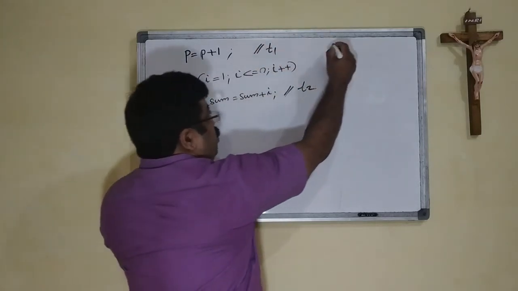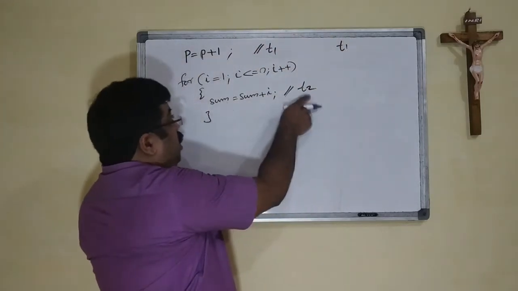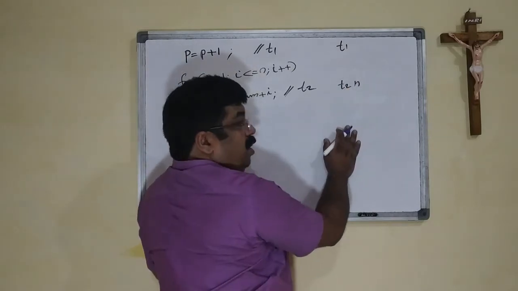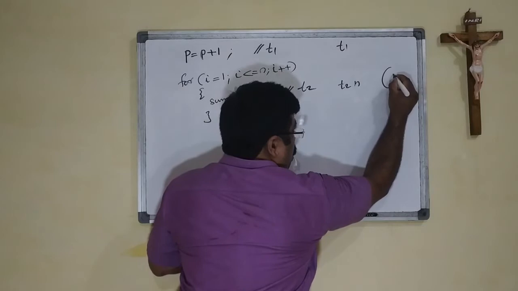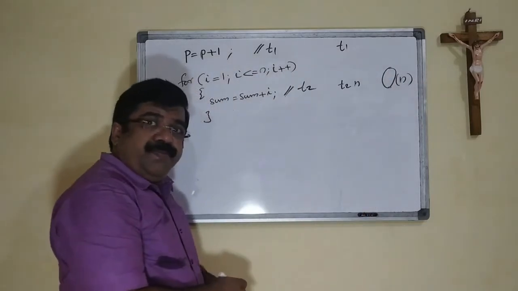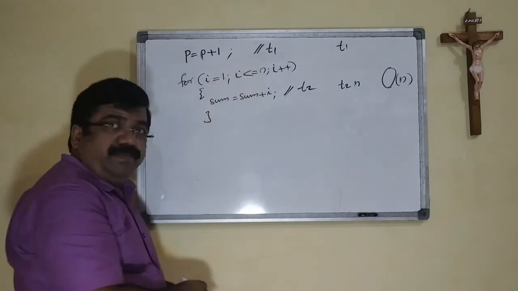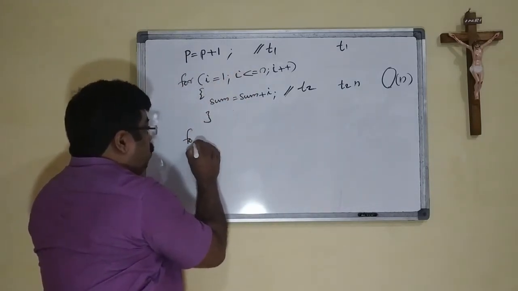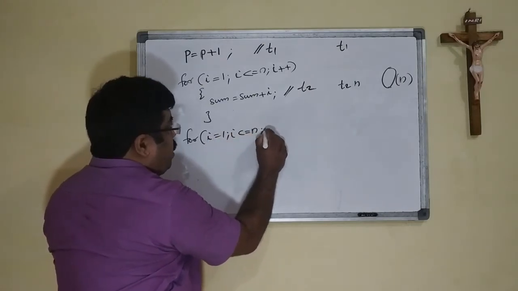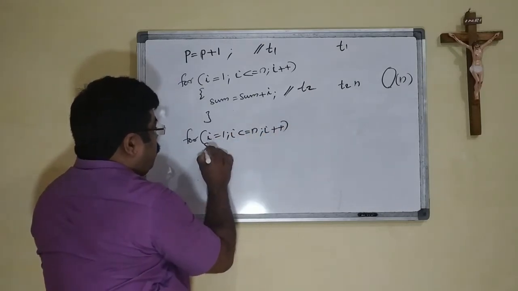So the first one is taking t1, second one will be taking t2n, or we say that it is O(n), because we saw already. Third one is a nested loop. For i equal to 1, i less than or equal to n, i plus plus.